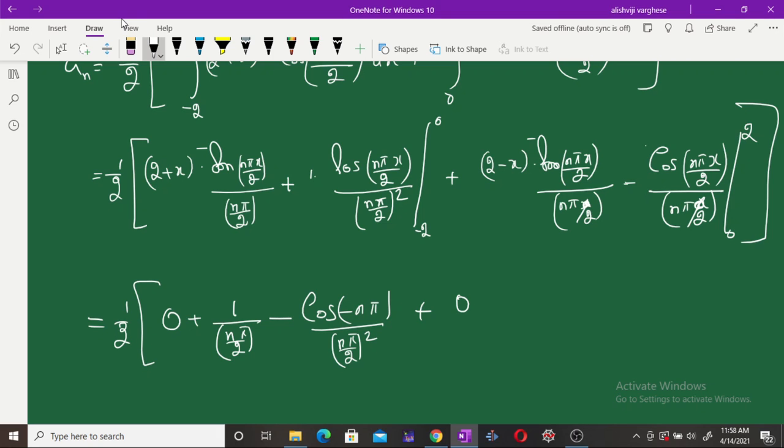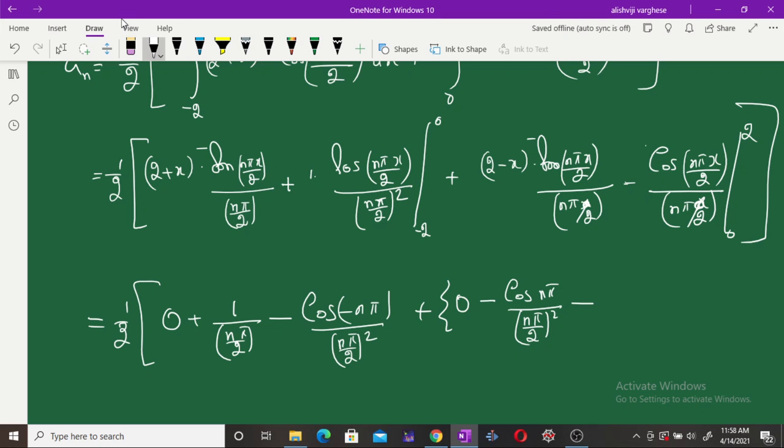Then here the second term becomes minus cos n pi x by 2, with x equal to 2, so 2 and 2 get cancelled, cos n pi divided by (n pi by 2) the square, then minus the lower bound.